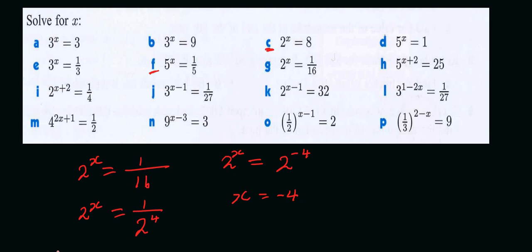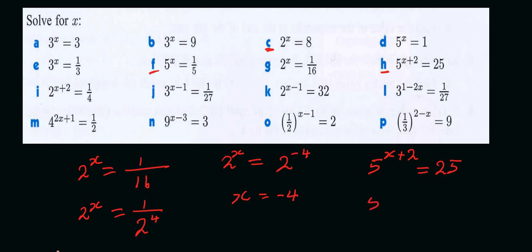All right, so let's take the next question, H. So we have 5 exponent x plus 2 equal 25. So since we have the base to be 5 on the left side, let's change the right side to a base of 5 to exponent 2.